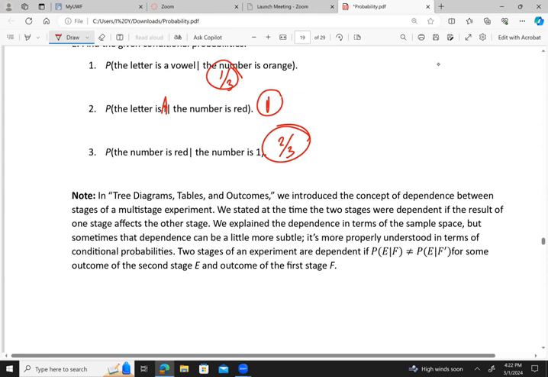It's more properly understood in terms of conditional probabilities. Two stages of an experiment are dependent if the probability of E given F occurs does not equal the probability of E given F prime, or F complement, has occurred, for some outcome of the second stage E and outcome of the first stage F.